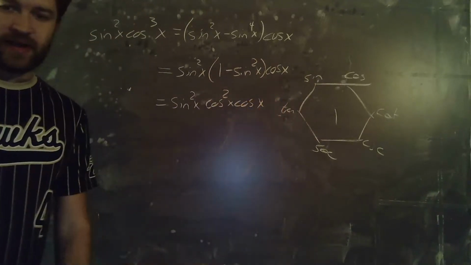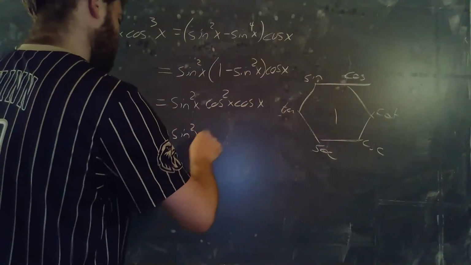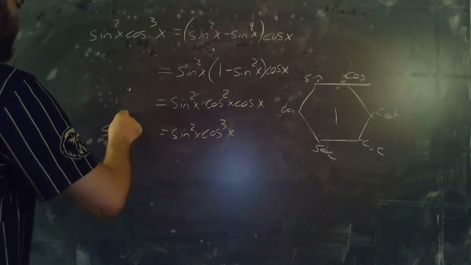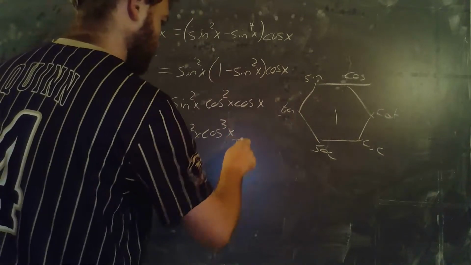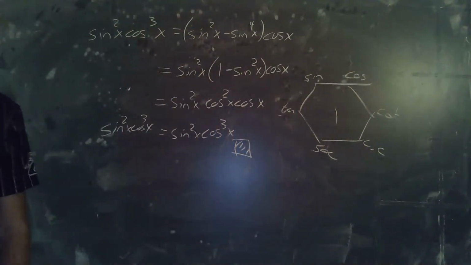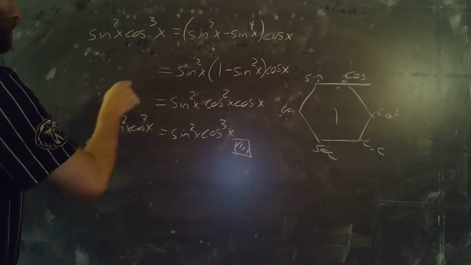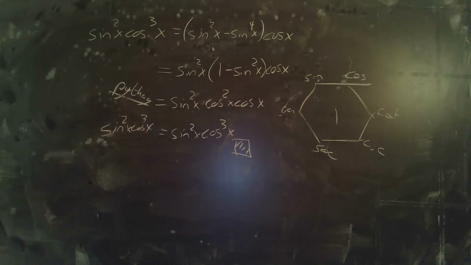And then you tell me what my next move is. Well, cosine times cosine is just cosine to the third. And look at the other side. That's what I'm supposed to have. Now, what did I do? Single Pythag right there, done. That's it.